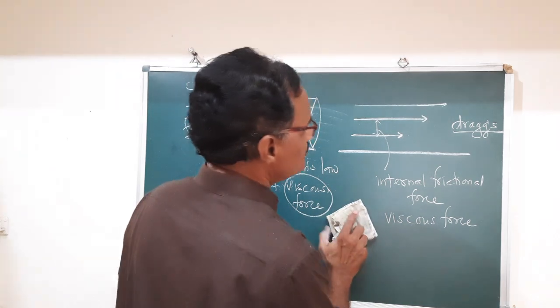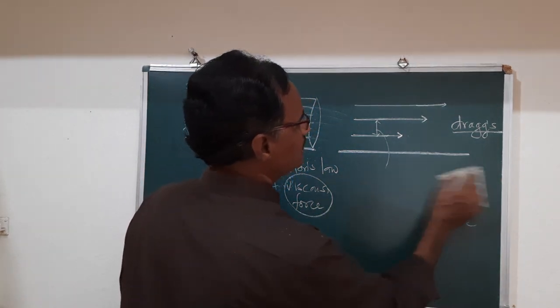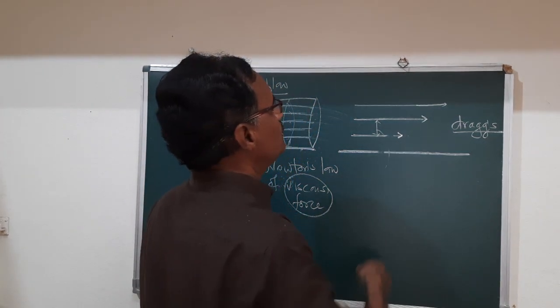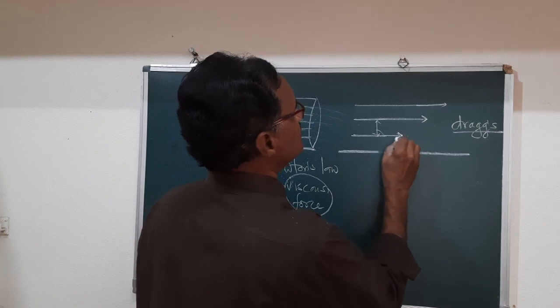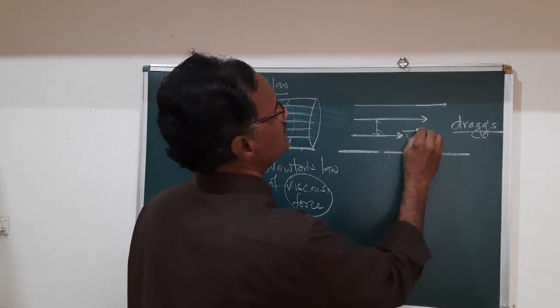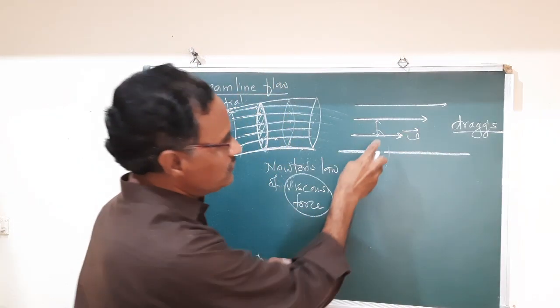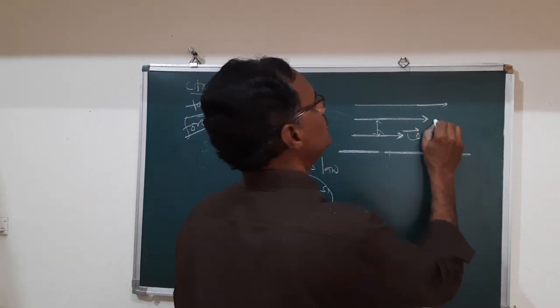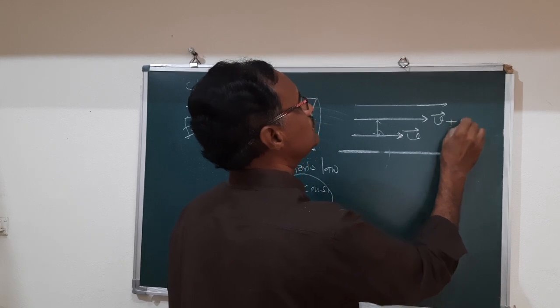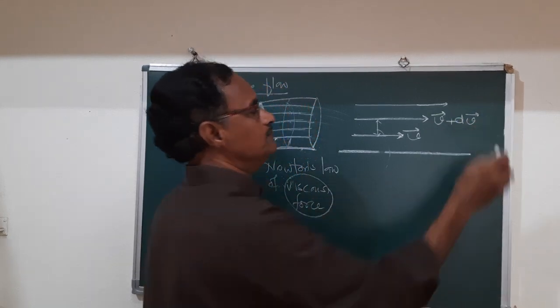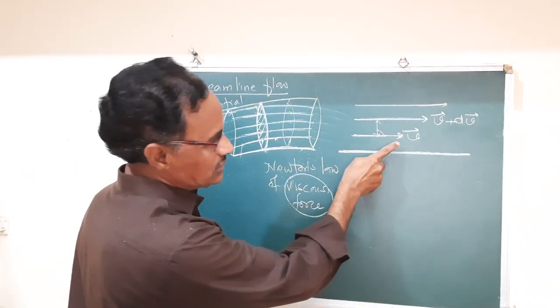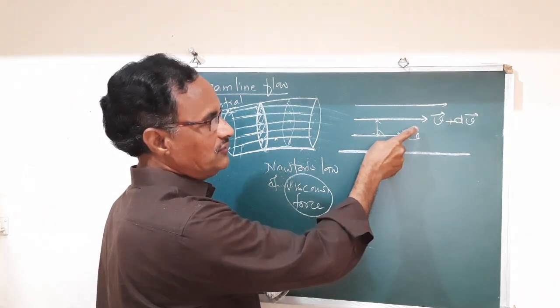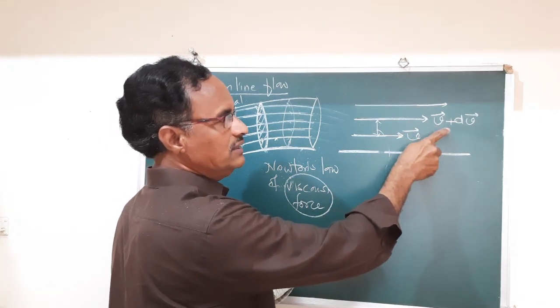Now the next term is that, if you consider the velocity of this layer is suppose v, then what will be the velocity of this layer? It is certainly greater than this velocity, and suppose the difference is dv. If the velocity of this layer is v, then the velocity of the upper layer is v plus dv.